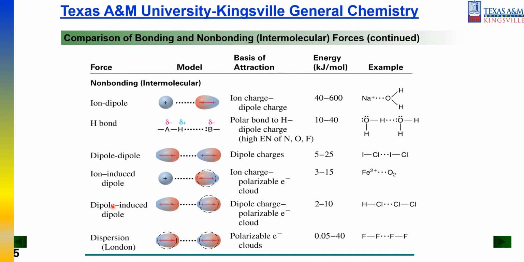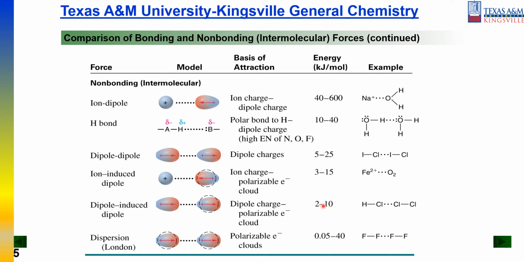And also you have dipole-induced dipole. Imagine you have a polar molecule and a non-polar molecule. This non-polar molecule can also be polarized. Therefore, your dipole charge to the polarizable electron cloud attraction glues the two molecules together.